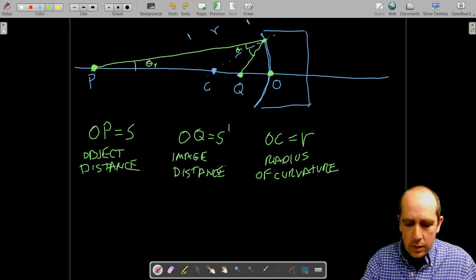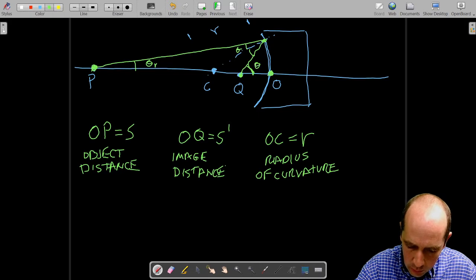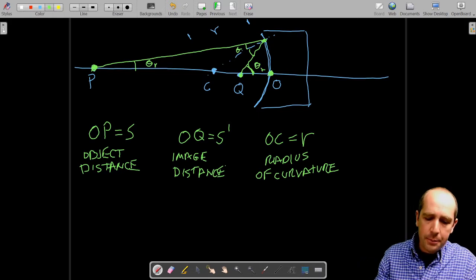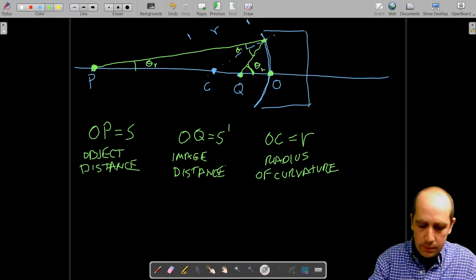I will only add now this extra angle that we will use, which we will call theta 2. So we have theta 1 over here, theta 2 here, and theta over here.